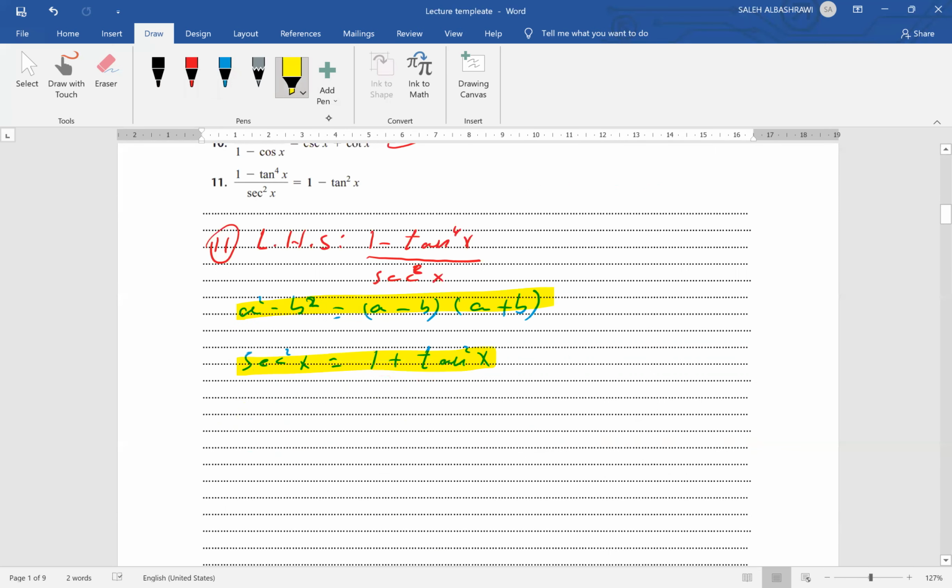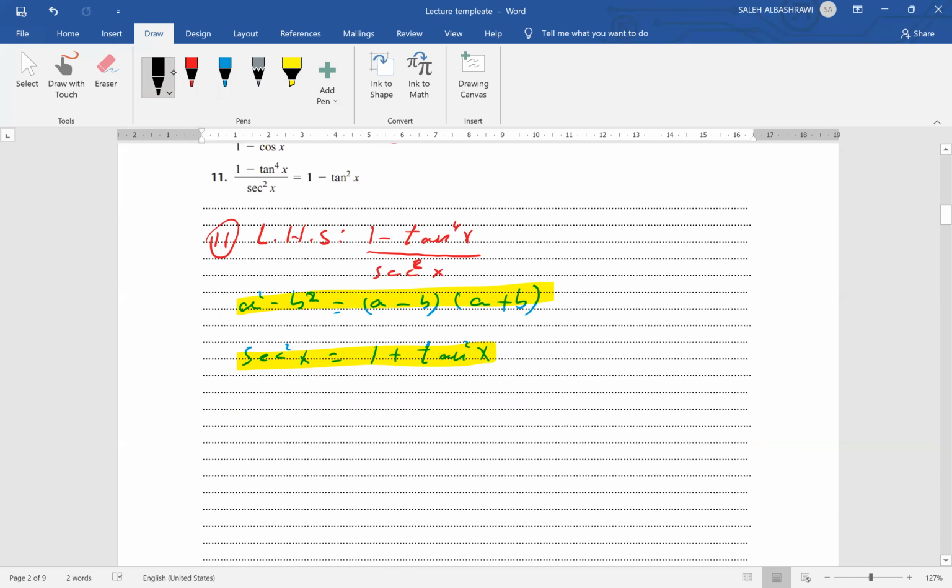So the fraction now can be written as the numerator written as a product of two factors. The first one is 1 minus tangent square x, because 1 can be written as 1 to the power 2.